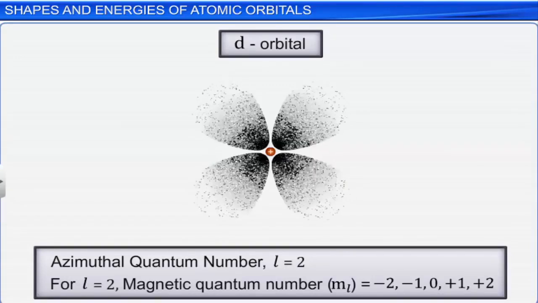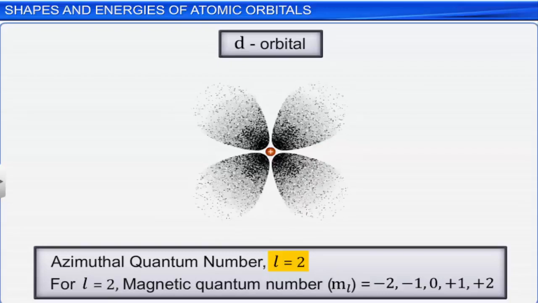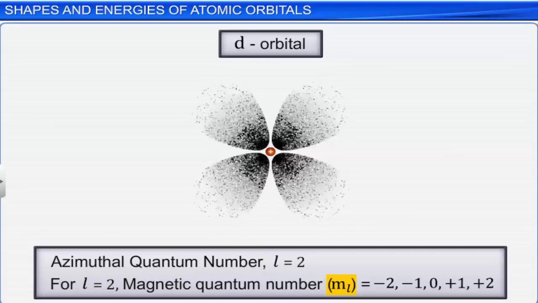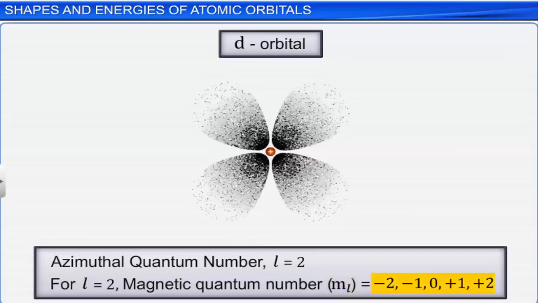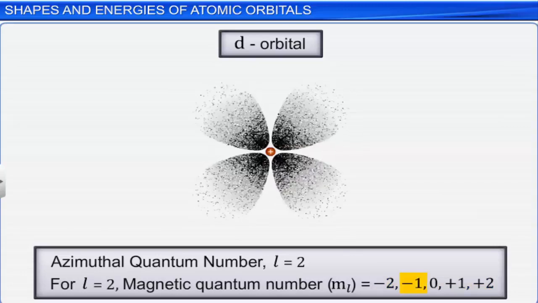For the d orbital, the azimuthal quantum number l is equal to 2. Therefore, the number of possible orientations given by the magnetic quantum number ml is 5, corresponding to ml equal to -2, -1, 0, +1, +2.